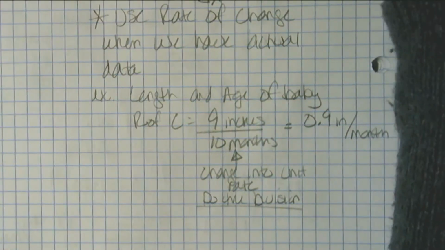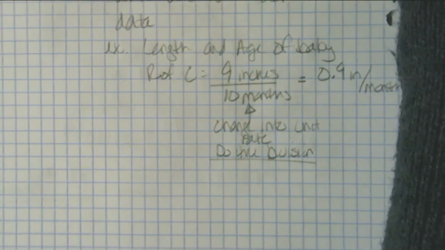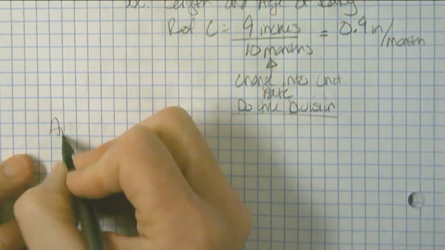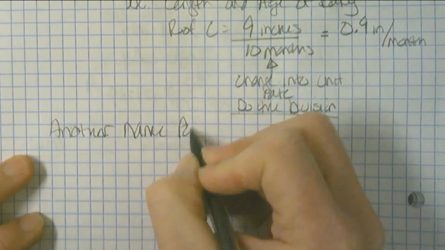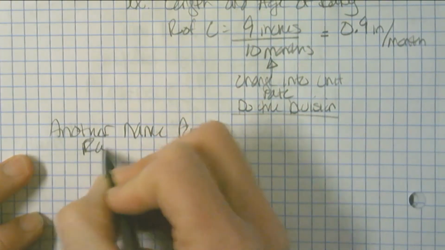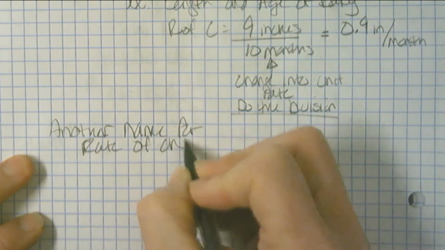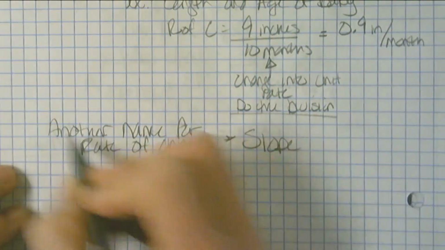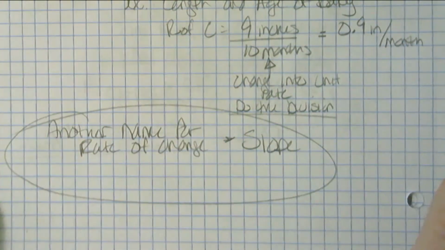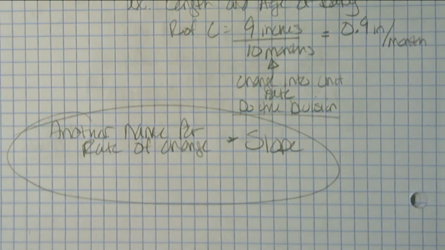Don't freak out. It is literally the same thing as rate of change. So another name for rate of change is slope.